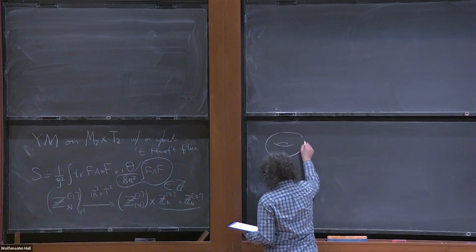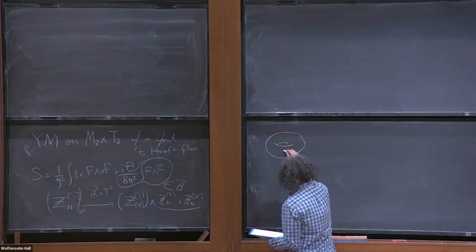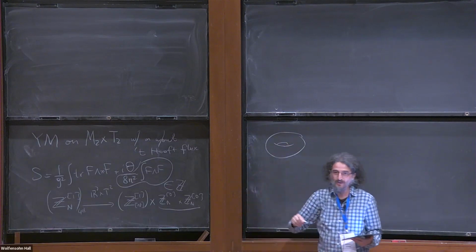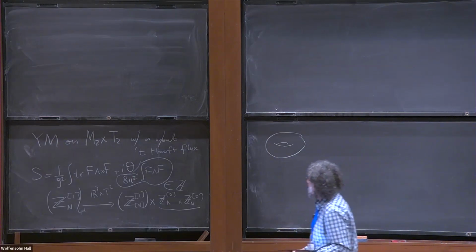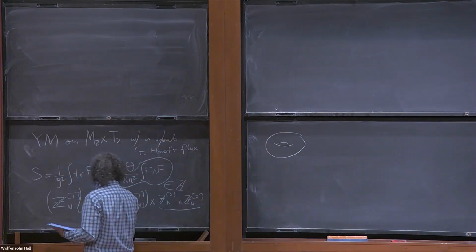Polyakov loops. Let me call the compactified directions the 3rd and 4th directions. Actually, let me do as follows.